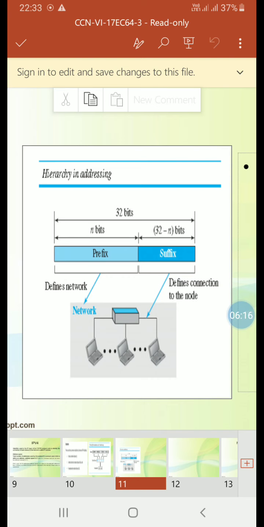The prefix length is n bits, and this prefix length can be fixed length or variable length. The suffix length is 32 minus n bits.